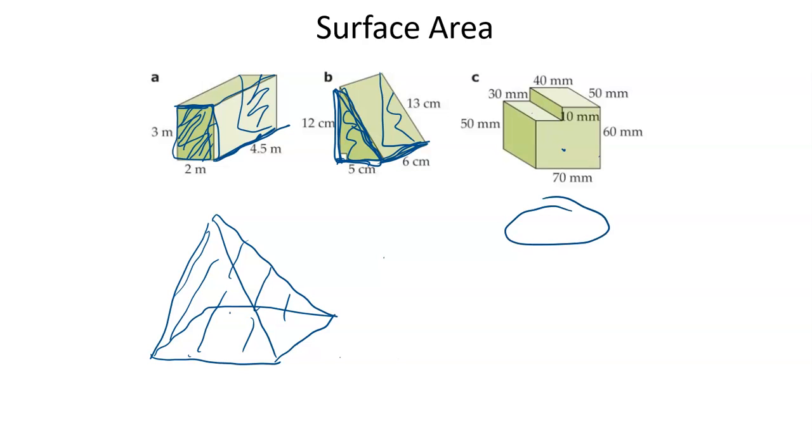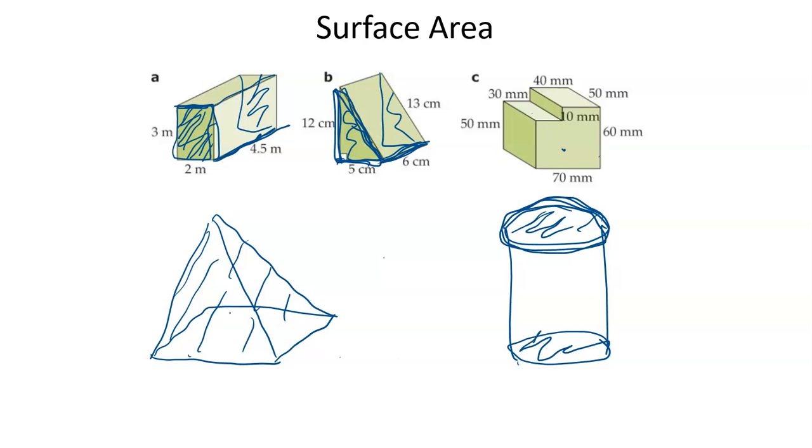If you've got a cylinder, then you're just going to work out the area of the circle twice, and then you're going to have a big rectangle around the outside. This is a prism, so it's the same rule. You work out the perimeter, or the circumference, and times it by the length of the cylinder, or the height, and that will give you the area of the big rectangle that stretches around, just like it did here.